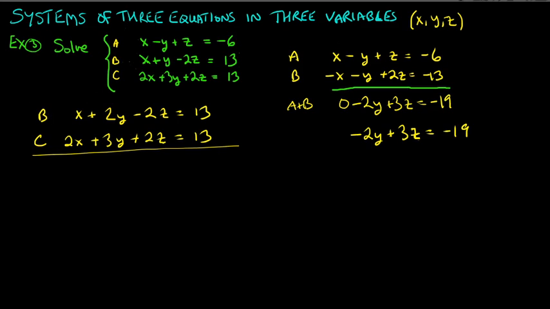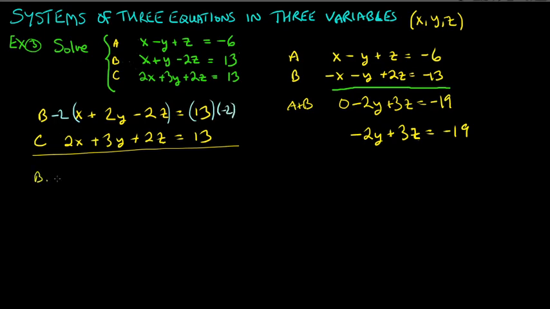So how do I do that here? Well, if you notice, in equation b we have 1x, and in equation c we have 2x. So how do I get rid of a 2x? Well, make it negative 2x. But I can't just put a negative 2 here. I have to multiply both sides of the equation by negative 2. So let's do that down here.